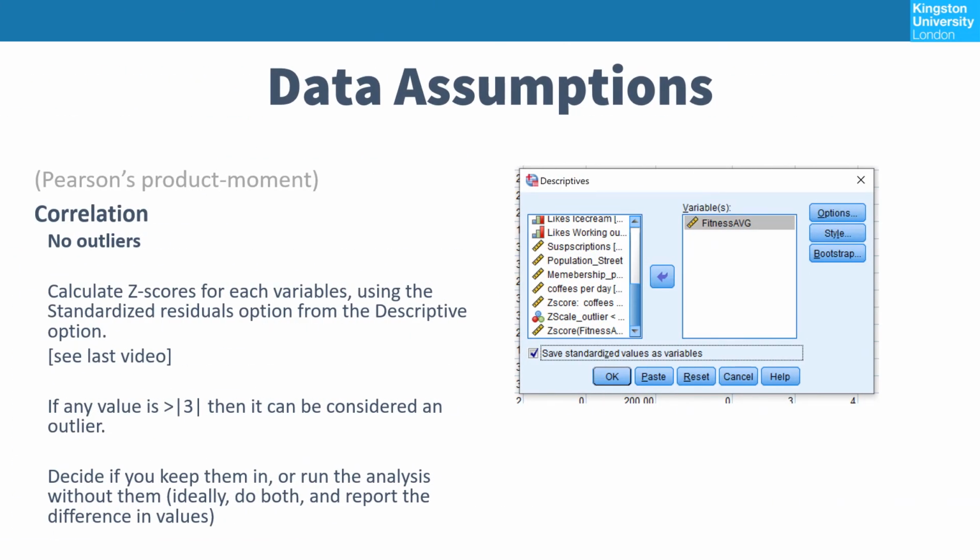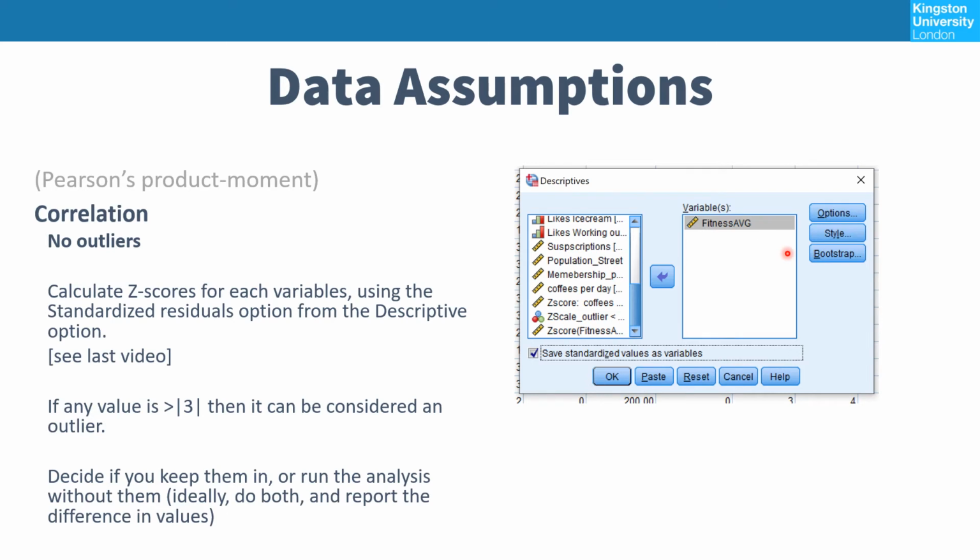To check if your data contains outliers, which are very impactful in the correlation analysis, you would use the procedure that I mentioned last time, where you would calculate standardized scores, so z-scores, for the two variables that you care about. So the way you would do this easily in SPSS is you just look in descriptives, you would add the two variables you care about, and then you would simply click the button that says Save Standardized Values as variables.